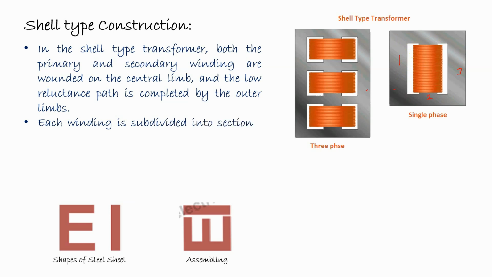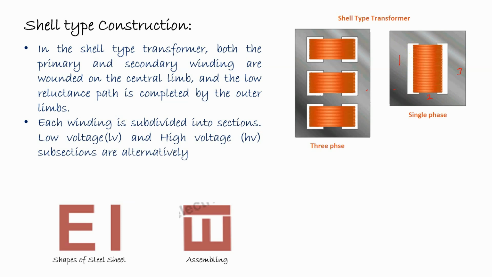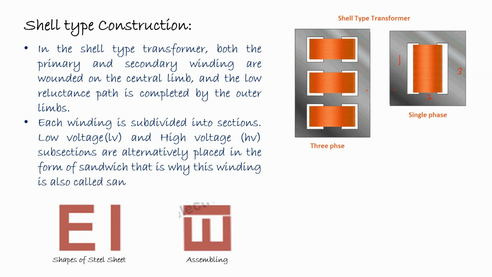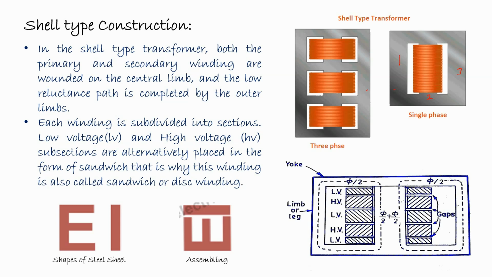Here, each winding is subdivided into sections. That is the low voltage and the high voltage subsections, and they are alternately placed in the form of a sandwich. That's why this type of winding is also called a sandwich winding. So let's see the figure. This is the schematic diagram of the shell type transformer. This is limb 1. This is one limb.